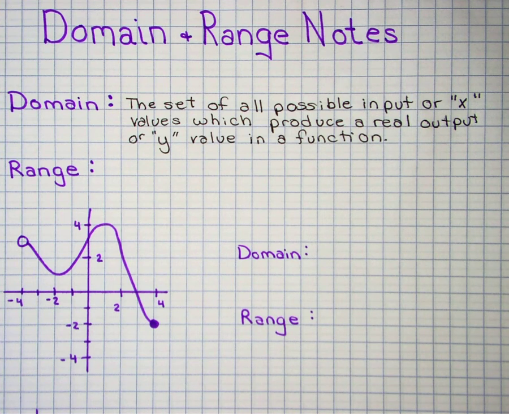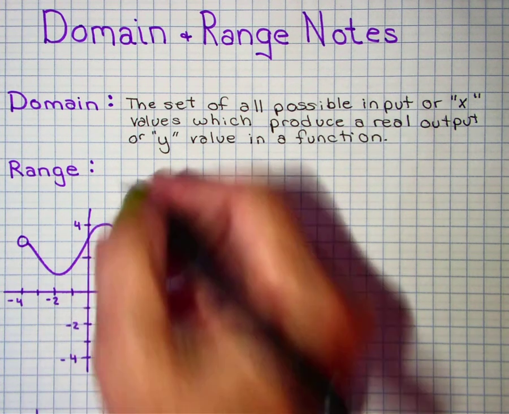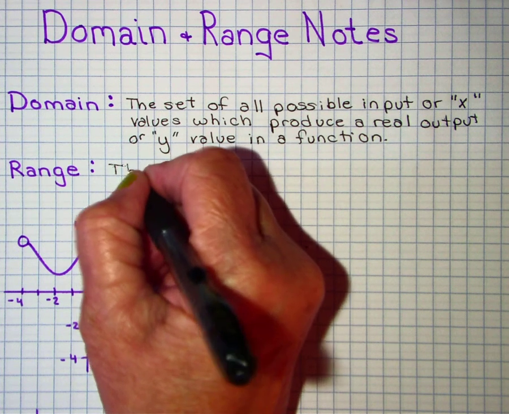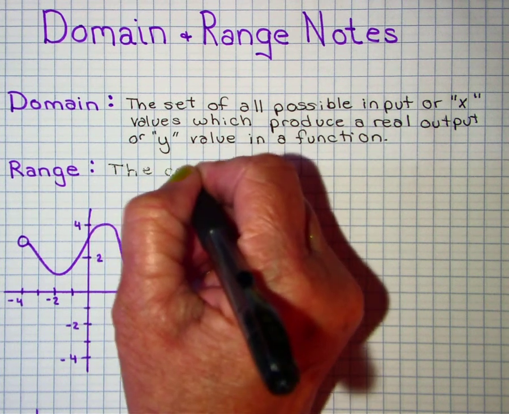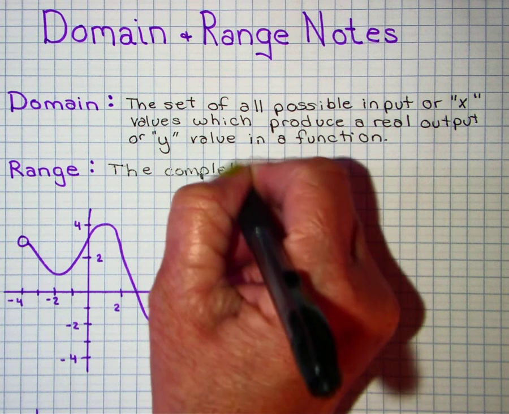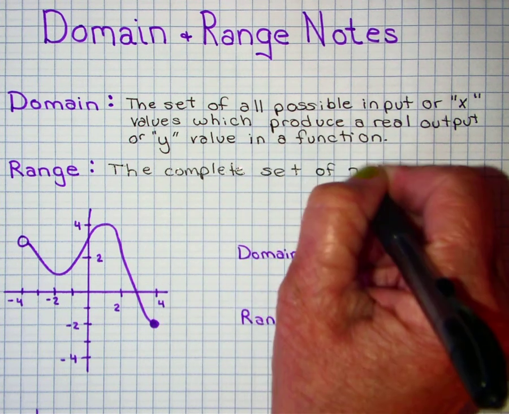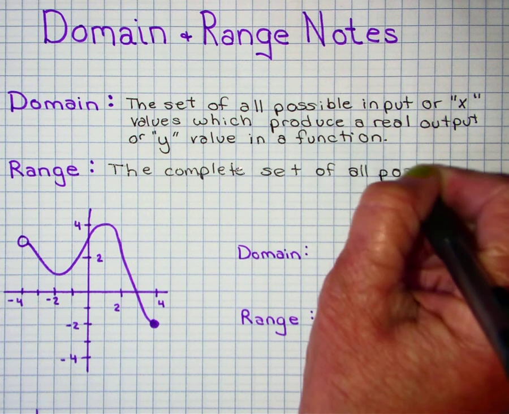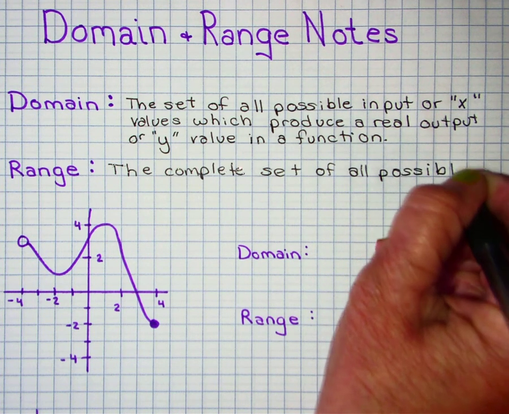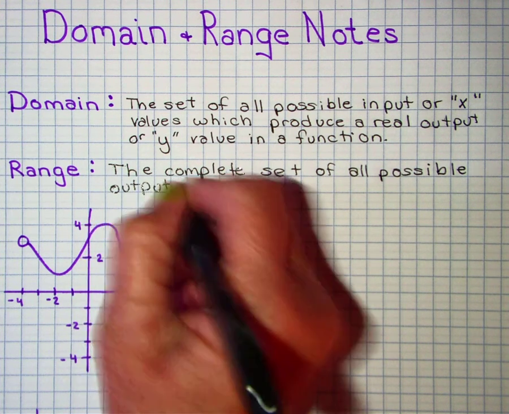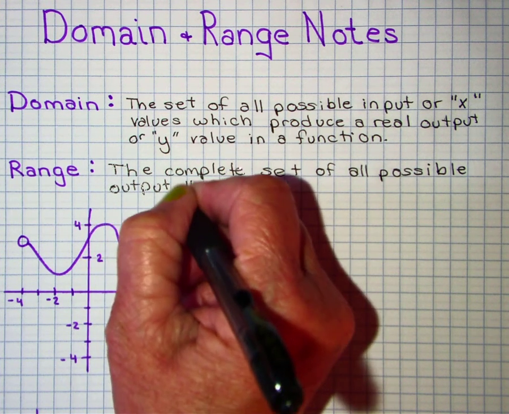So range is just the opposite. It's the complete set of all possible output values in a function. And when I say output, generally we think of it as y.